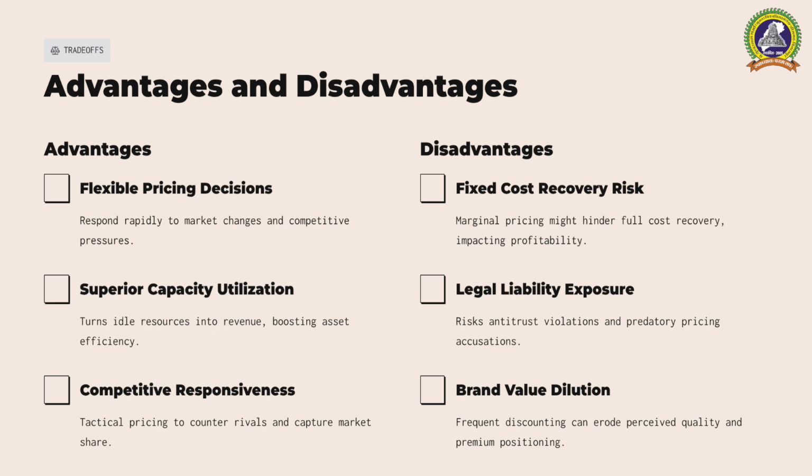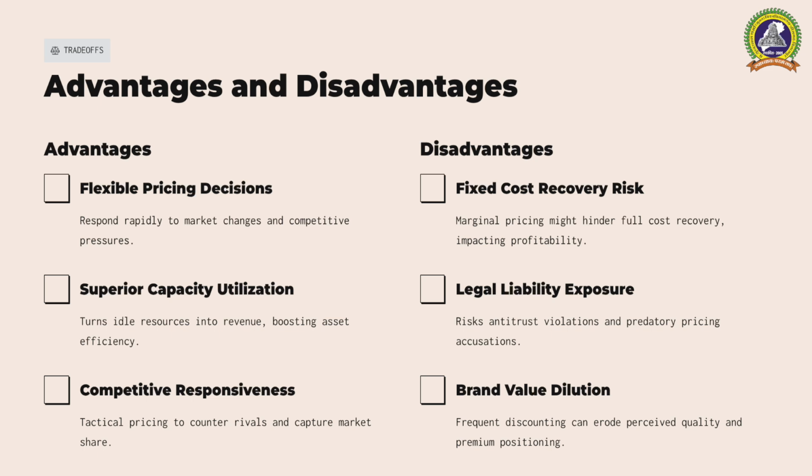However, the risks are significant. The biggest danger is fixed cost recovery. If you sell everything at marginal cost, you will never pay your rent and you will go bankrupt. There is no guarantee that volume will make up for the low price. Furthermore, there is a legal risk.